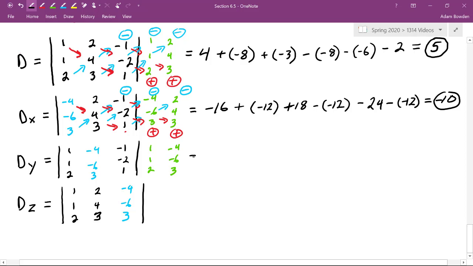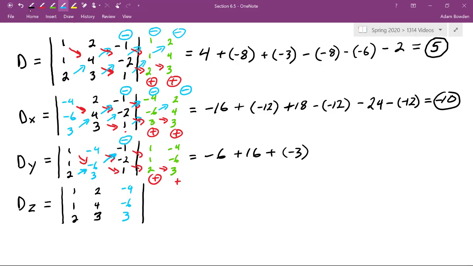Okay, and come down to this next determinant. We multiply our numbers together here. We start off with 1 times negative 6 times 1, so we get negative 6. The next number would be plus 16. The next number would be plus negative 3. And then we multiply up diagonally, subtract those numbers.